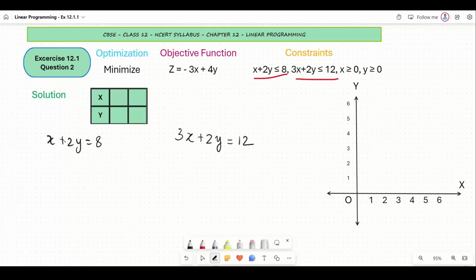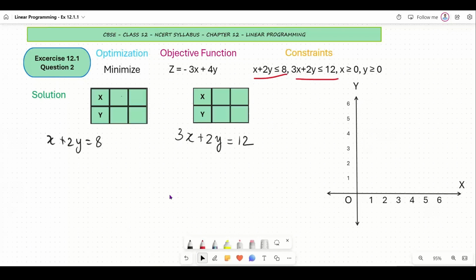Before we go and substitute that, we need to find out 2 different steps here, right? In the earlier one, it was just one constraint where we were finding it out, but this time there are 2 different constraints where we need to substitute 0 and find out the values.